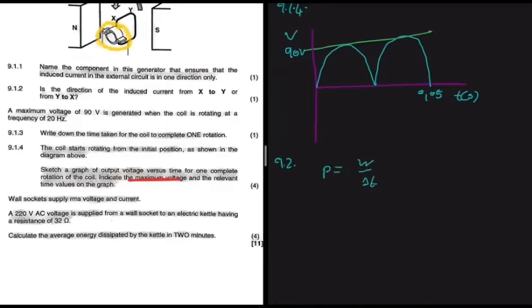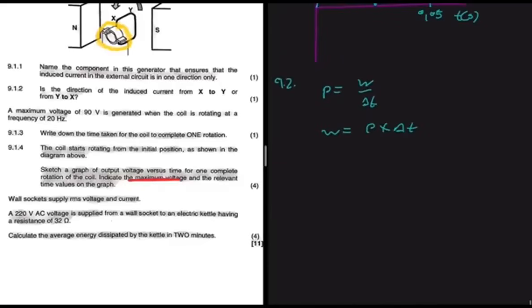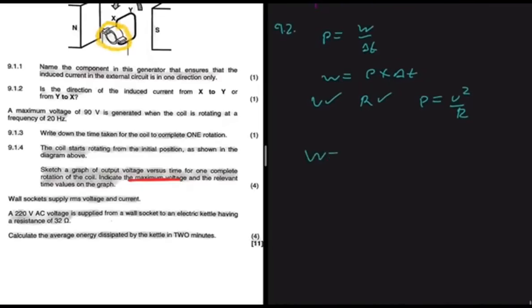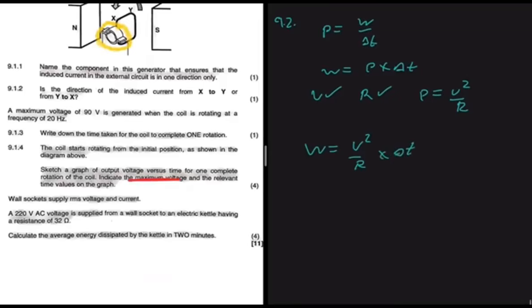If you want to find the energy dissipated, the work equals the power multiplied by the time. The power can take different forms depending on what you have. Here we have the voltage and the resistance, so P equals V squared divided by R. So the energy dissipated will be V squared divided by R multiplied by delta t.